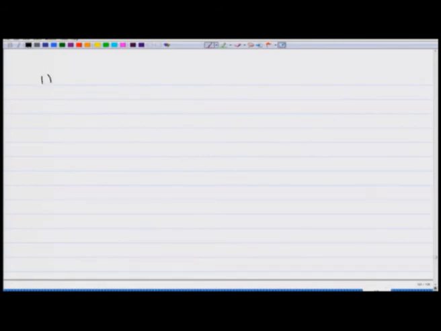Now, case 1 I am going to study is source moving towards the observer. So, let us take the source and here is the observer.